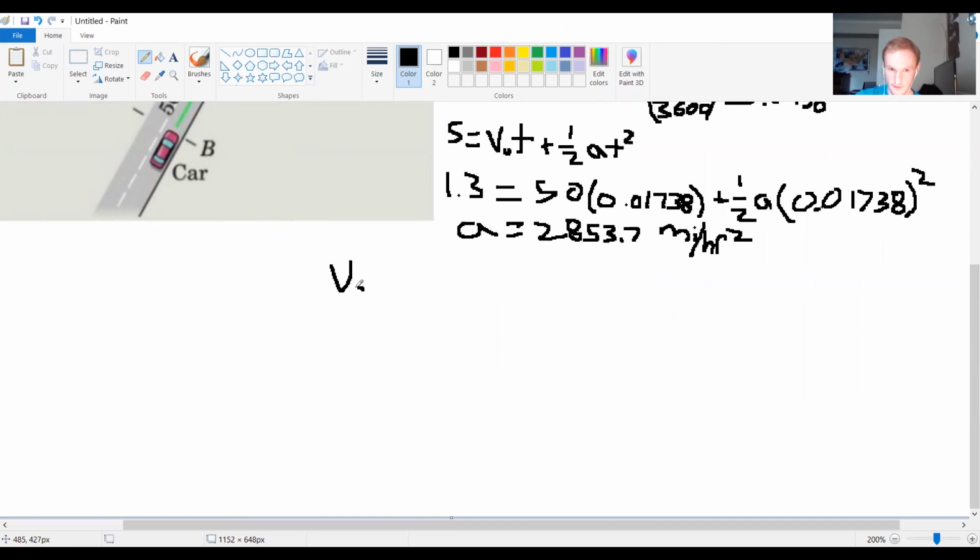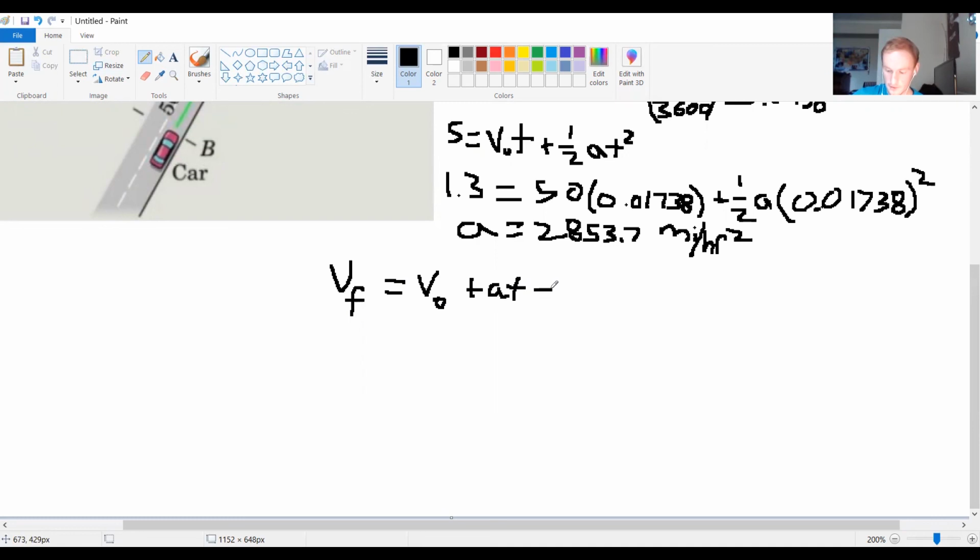So now we have VF, which is our last thing that they asked for in the problem statement, equal to VO plus AT.